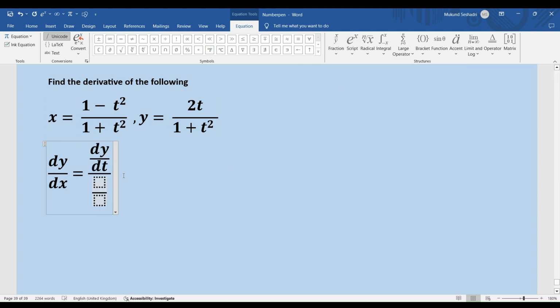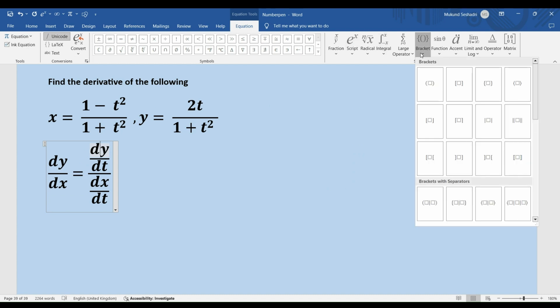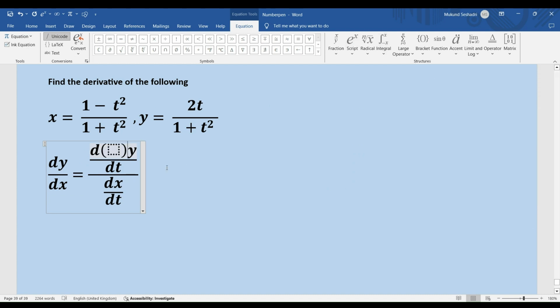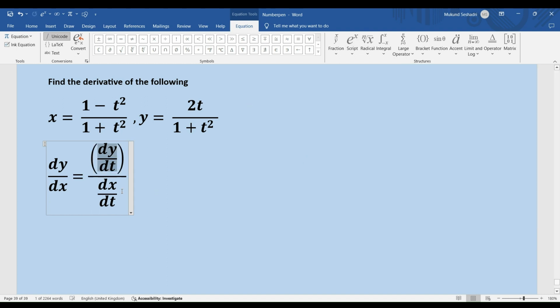Because I have x and y in terms of t, I can differentiate my y with respect to t and then x with respect to t and put it back in my dy by dx to arrive at the final answer.